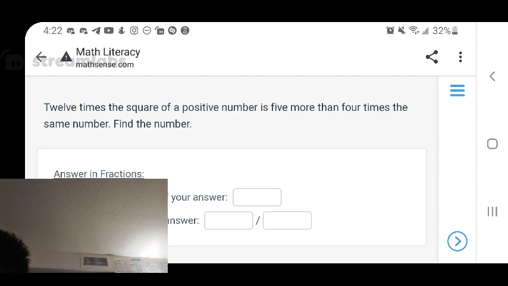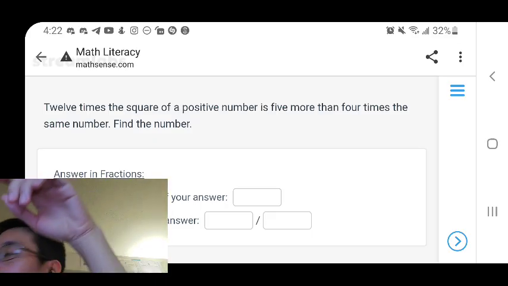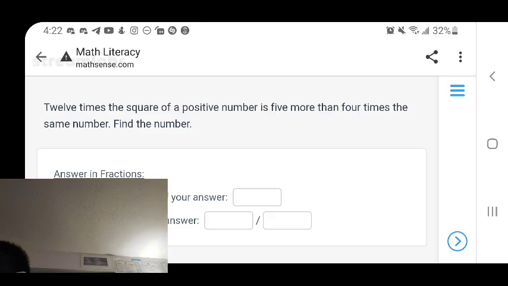What? What's this? 50/6? 4 times the same number. No, that's right. 4 times 5/6 is 20/6, plus 5 is 50/6. That's right. Interesting. I keep saying the number. Double check.